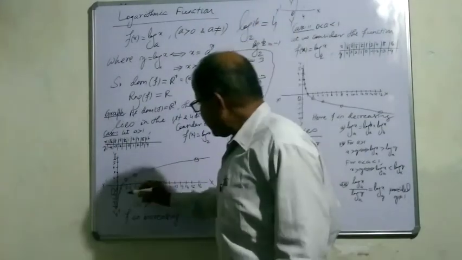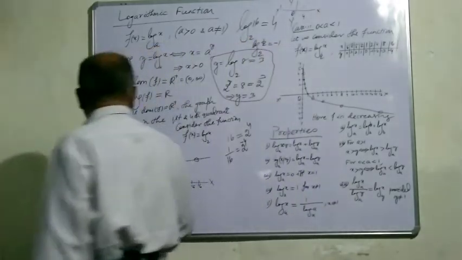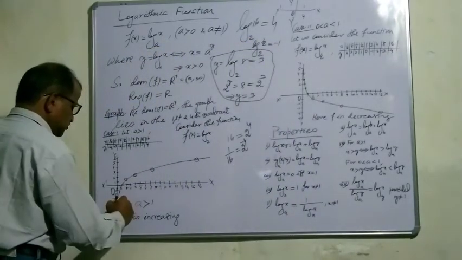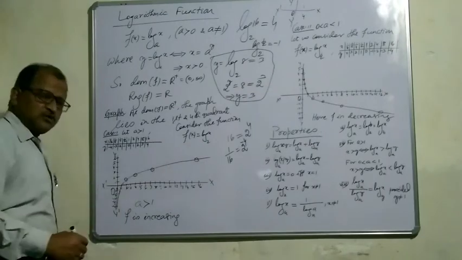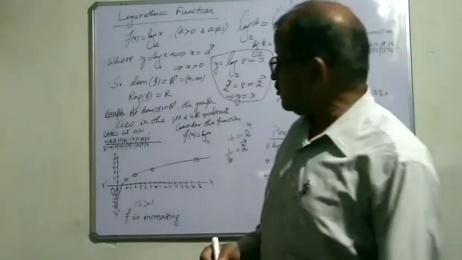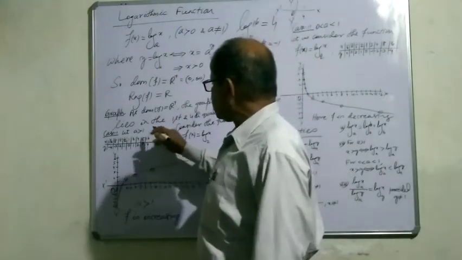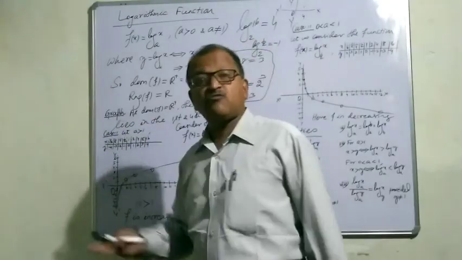So I have plotted the points here, and let us join them with a smooth curve. The graph of the function will be like this. This is the graph for a is equal to 2. That means this is the case. This type of graph you will get when a is greater than 1.